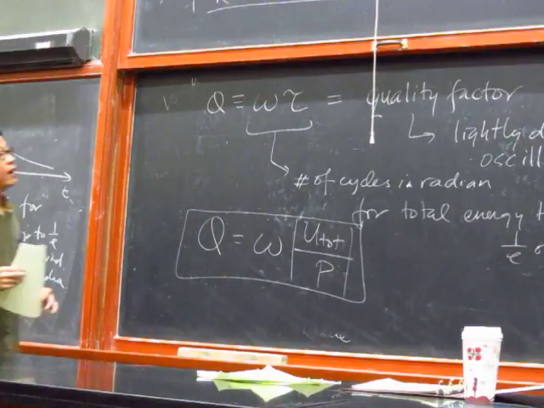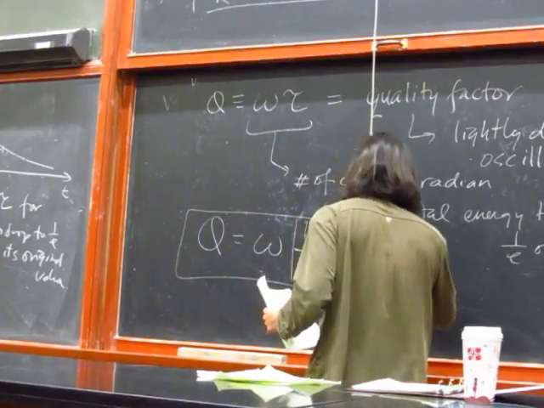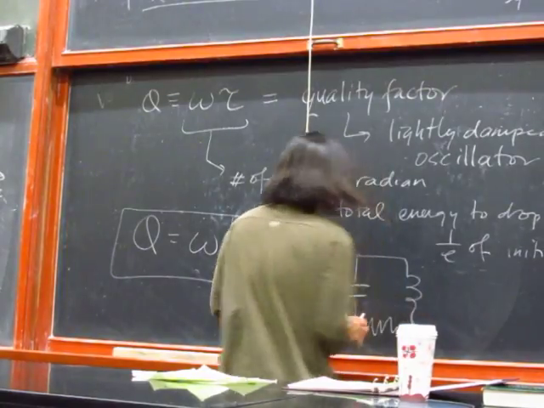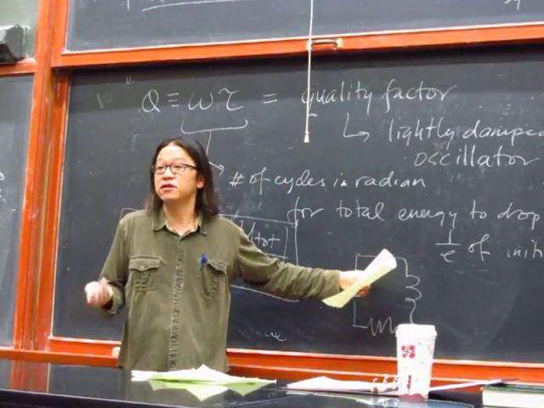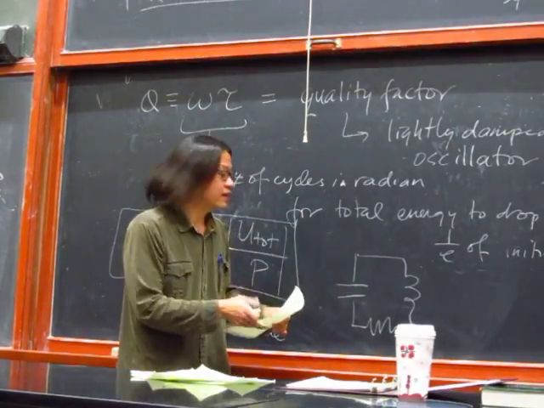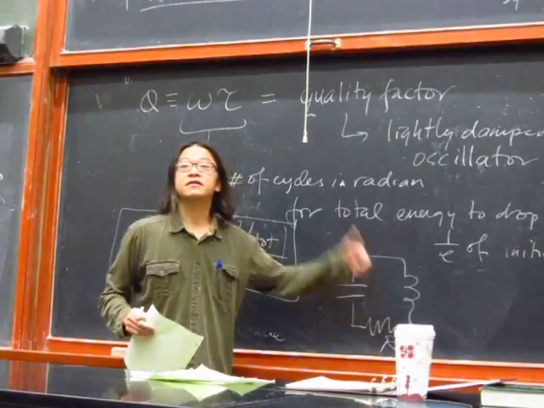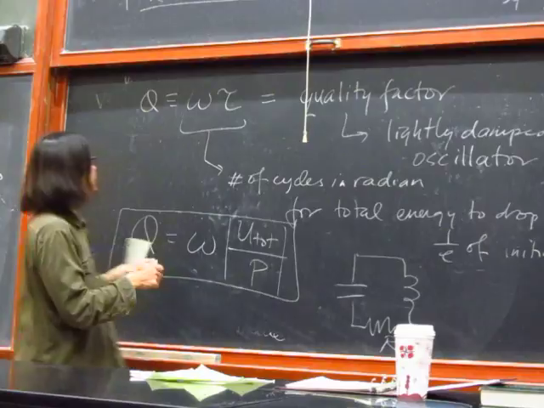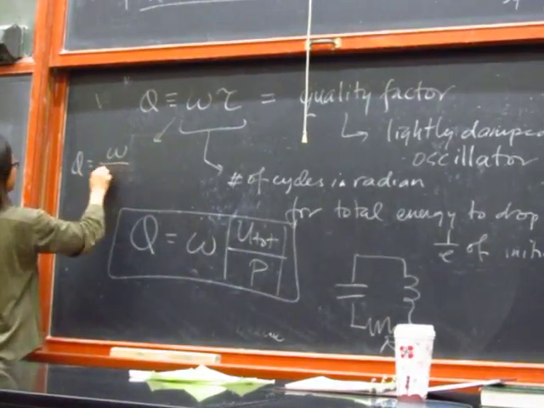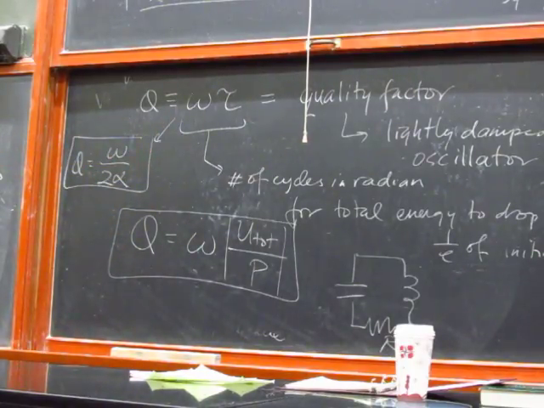The same case applies when you consider an RLC circuit, because you can think of it as a tuning fork also, an oscillator. In this case, it's an oscillation between electrical and magnetic energy, and it decays away because of R. The smaller R is, the higher Q you have. This Q is equal to omega over 2 alpha, because tau is 1 over 2 alpha.